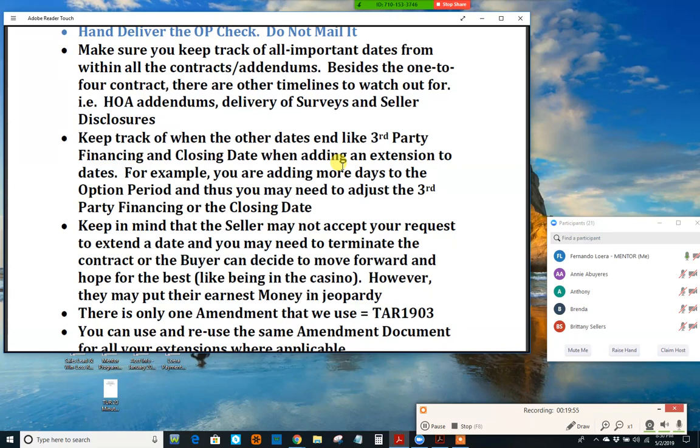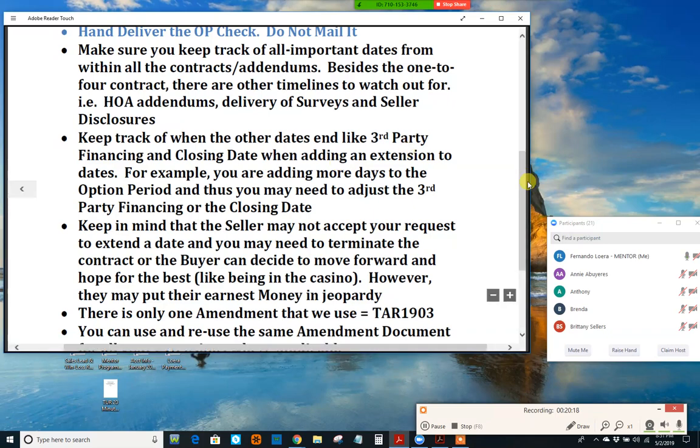Would it push the third-party financing days? Would it push the closing date? This is real critical. It's easy to add 5 days to the option period or to the financing, but would it push the closing date? So you always have to see that entire timeline.